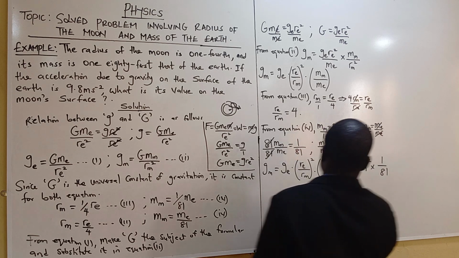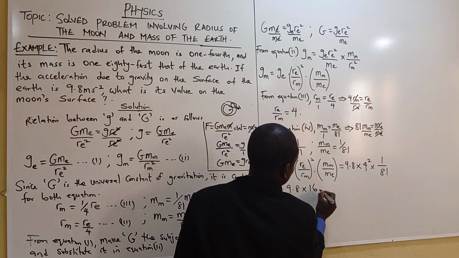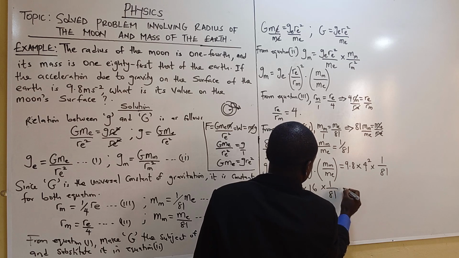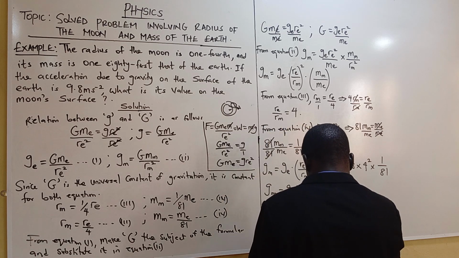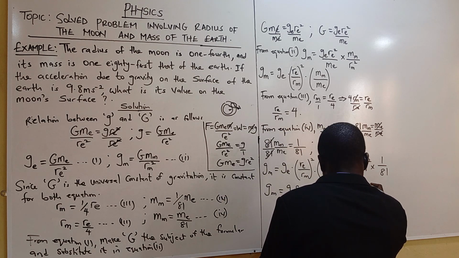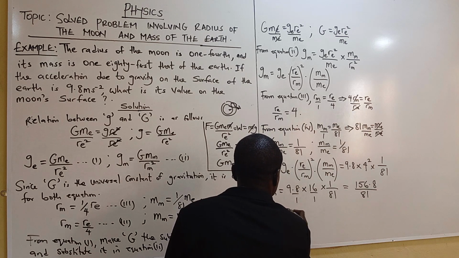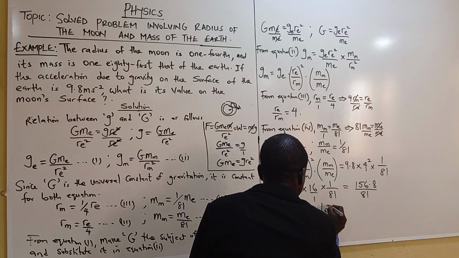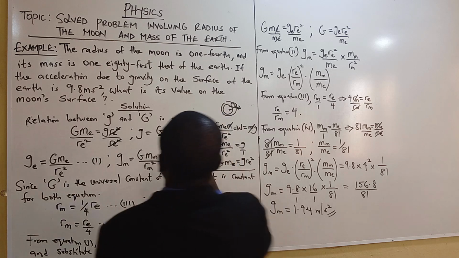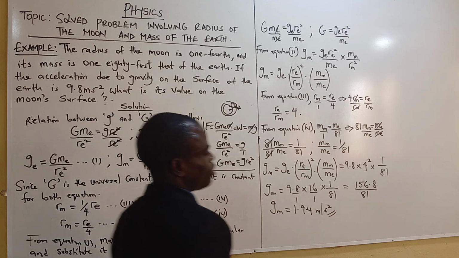Now g m equals 9.8 times 16 times 1 over 81. When you multiply the numerator, you have 156.8 divided by 81. When you press your calculator, g m equals 1.94 meters per second squared. Okay, that's the value of the acceleration due to gravity on the moon's surface.